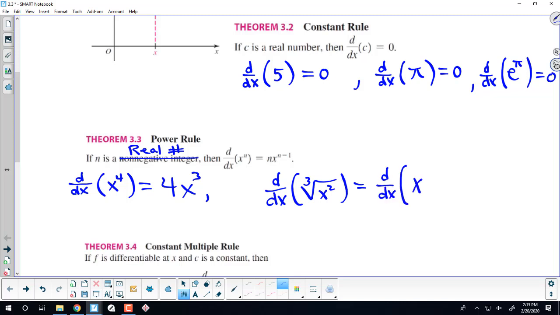That's the derivative of x to the 2/3 power. Then the power rule says we pull the original power out front to multiply x to the 1 less power. So we have 2/3 minus 1, which is negative 1/3. So the derivative of x to the 2/3 is 2/3 x to the negative 1/3.